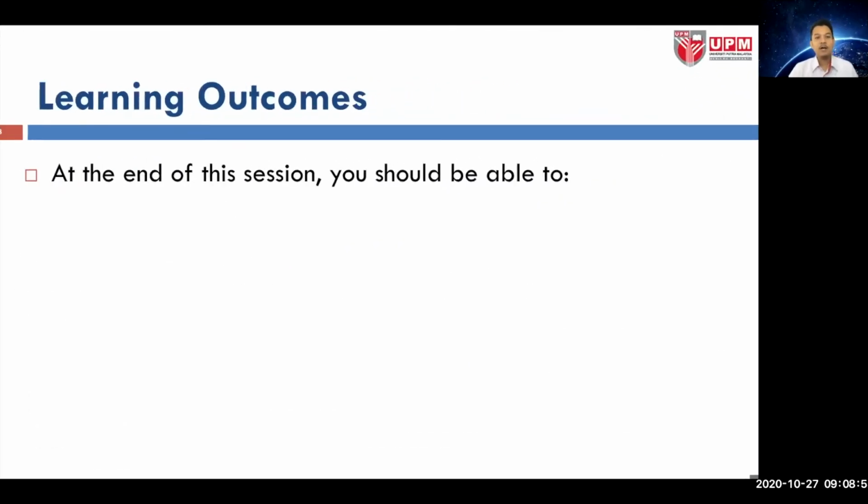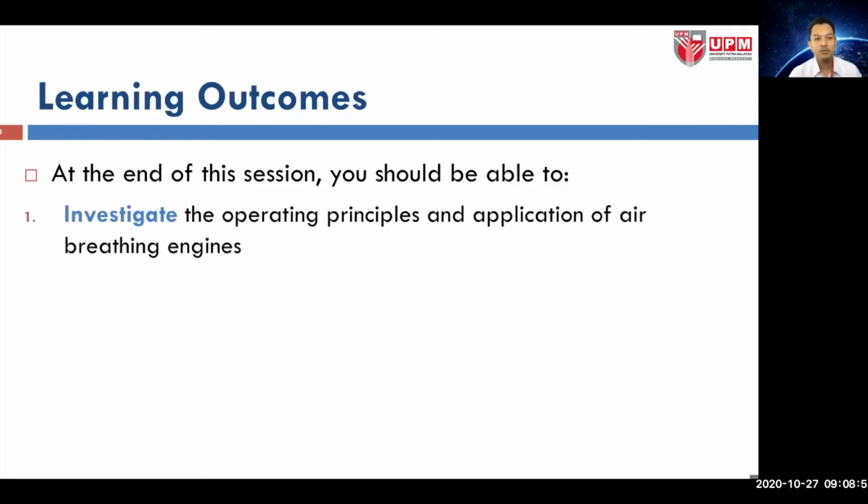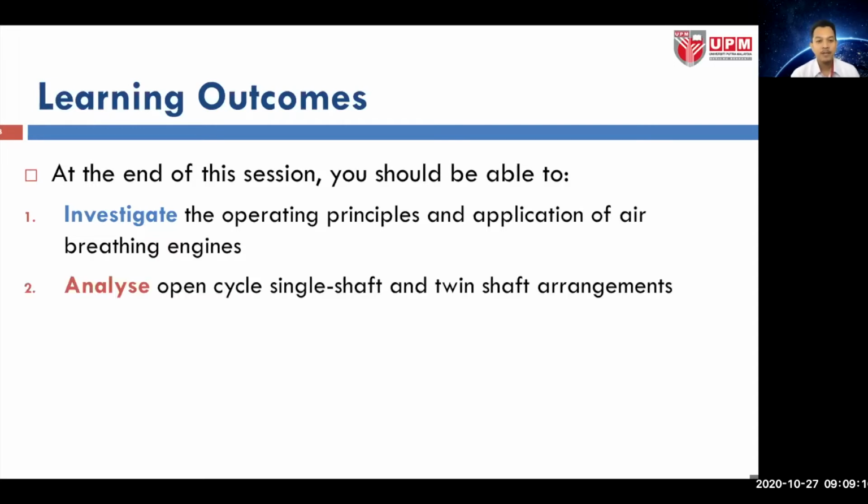In terms of the learning outcomes, at the end of this session, you should be able to investigate the operating principles and application of air breathing engine, right? Meaning that you would be able to know what's going on, how jet engine or air breathing engine works in terms of the principles and the application.